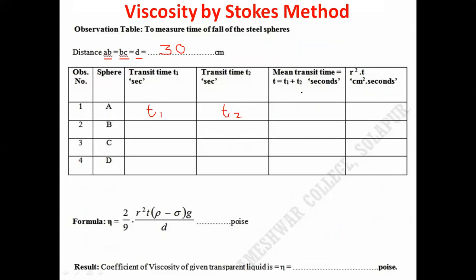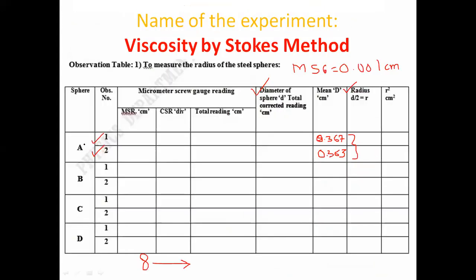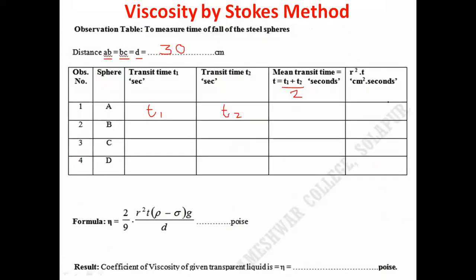So here if you divide this, you will get T. Then r square, whose value can be obtained from this table. So this is the mean value, this is the r square value, then r square into t, that is this time, will give you this product r square into t, that is centimeter square into seconds.